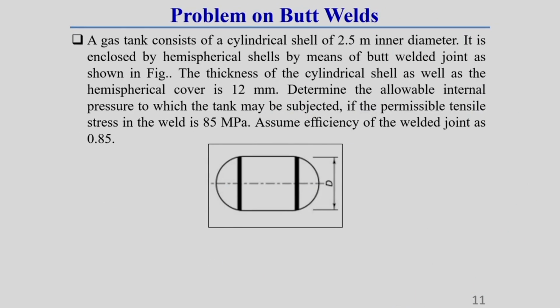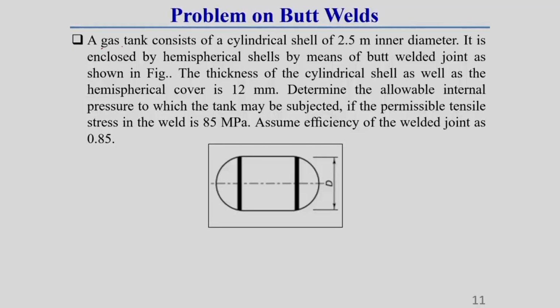Now, we will solve a problem based on this butt weld. This is the problem statement. Here it is shown that a gas tank consists of a cylindrical shell of 2.5 meter inner diameter. Here you see this inner diameter D is given as 2.5 meter.